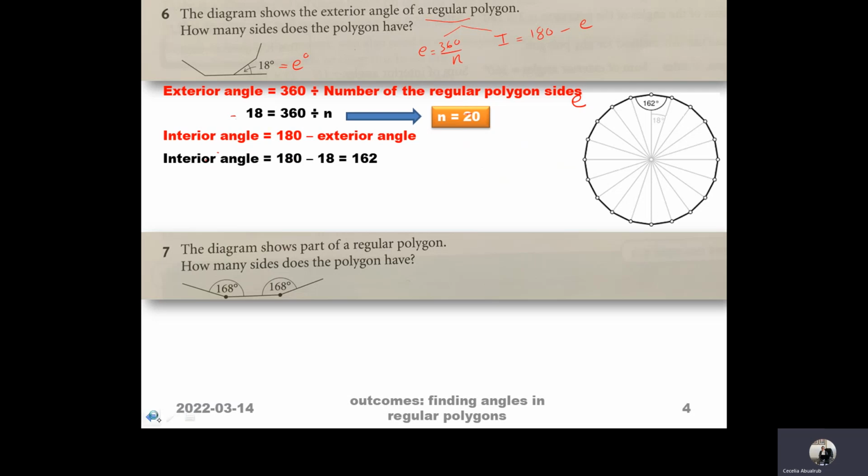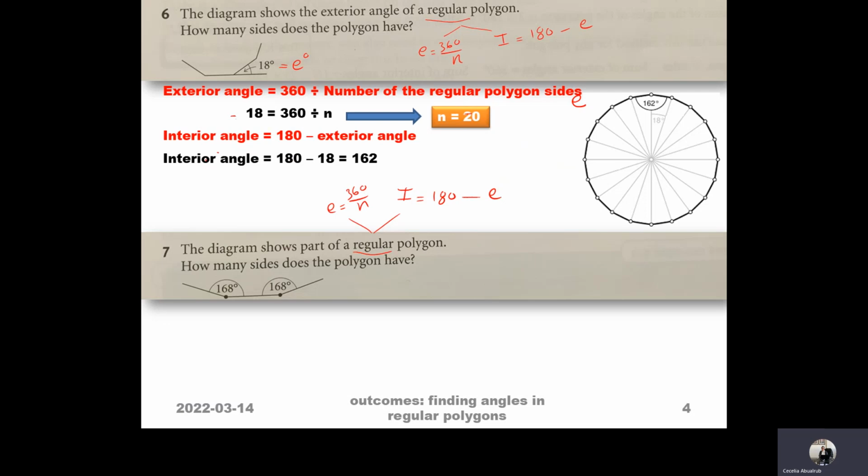Okay, so here the diagram shows part of a regular polygon. Regular polygon, so like I said, remind yourself always when you say regular polygon, you have E is equal to 360 over N. This is the first formula that you should memorize. And I is equal to 180 minus E. That's what we should memorize.